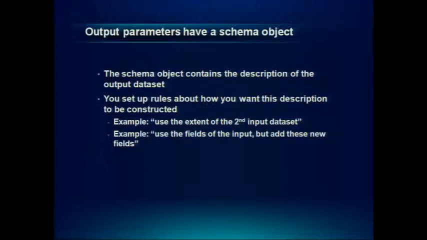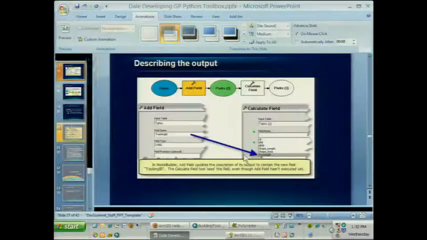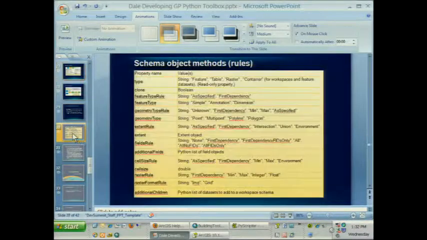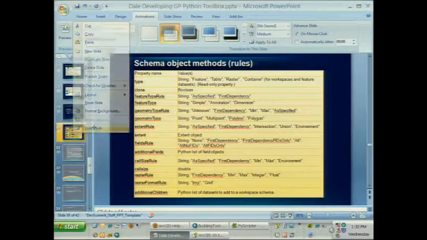You don't give specific instructions. What you do is set up some rules. You say, use the extent of the second input data set, or intersect the extent of the first dependency and the second data set. You may set up a rule like, use the fields of the input, but add these additional fields. I think I have a list of those. Let me just go ahead and show that list.